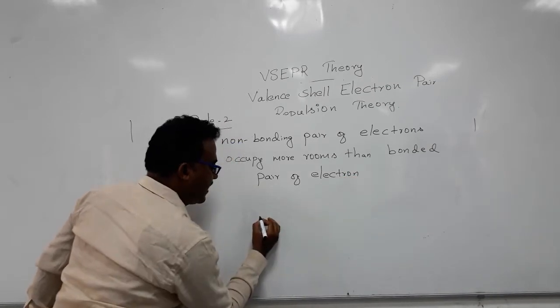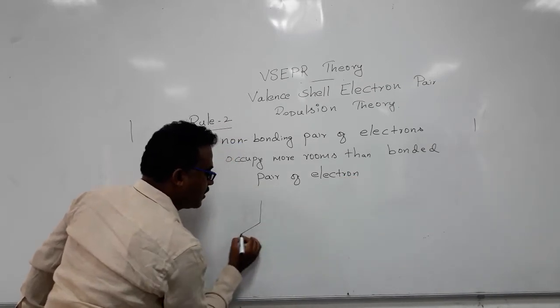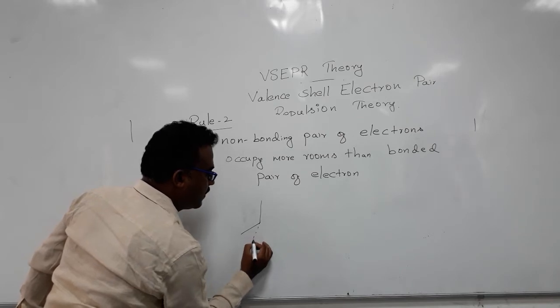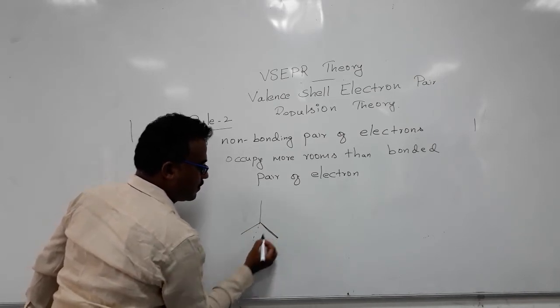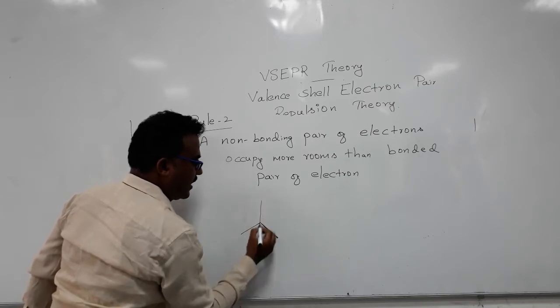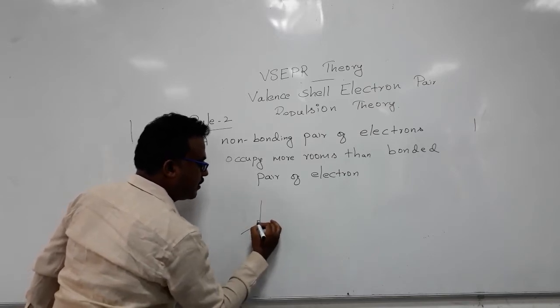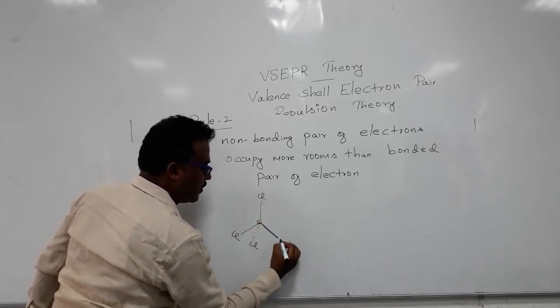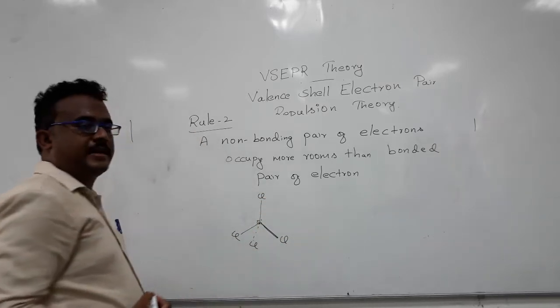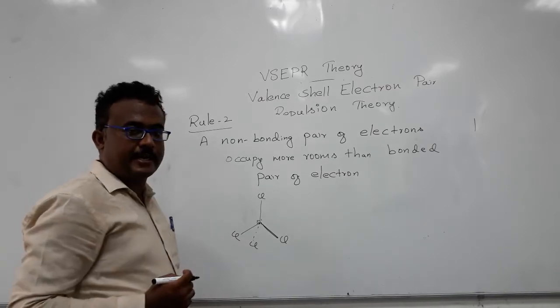As a simple example, we have a tetrahedral molecule. Maybe we can take silicon tetrachloride. In the case of silicon tetrachloride, we know that it has a tetrahedral geometry.